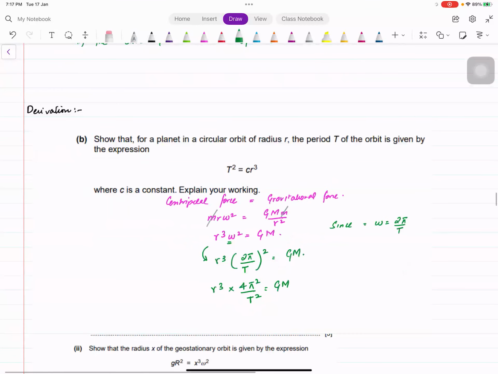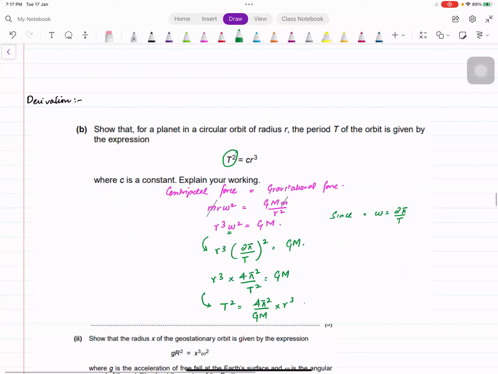Now, you want to make T squared the subject of the equation, so you can write it as T squared equals 4 pi squared over GM times r cubed.